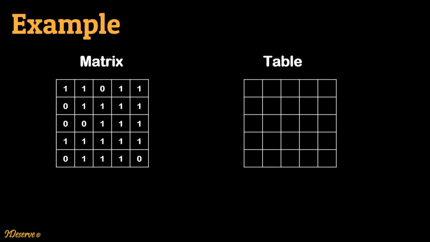We will set values in first row and first column same as values in first row and first column of input matrix. We have already discussed the reason for the same in previous slides. Let us calculate values for remaining cells. Now the value for the current cell will be calculated from the minimum value of 3 cells as shown in the diagram plus 1. So we will get 1 here.